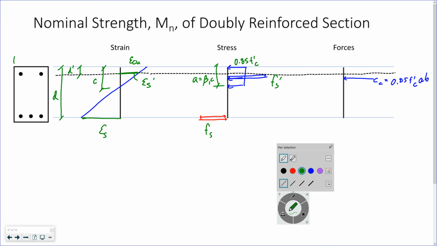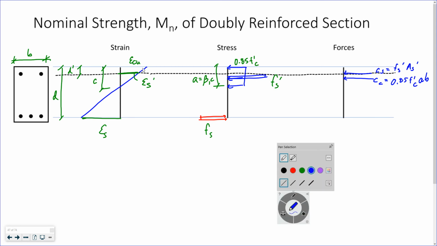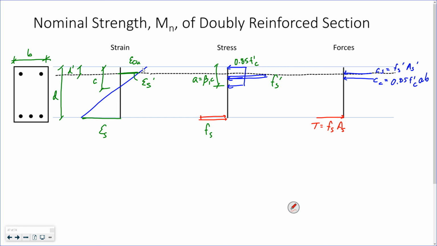Assuming I have my little lovely rectangular cross section with a width b, I have compression steel force C_s, which is equal to f_s prime times A_s prime. That's the stress in my compression steel and the area of my compression steel. At the bottom, I have the tension force, which is f_s A_s. That's the stress in my tension steel and the area of my tension steel.